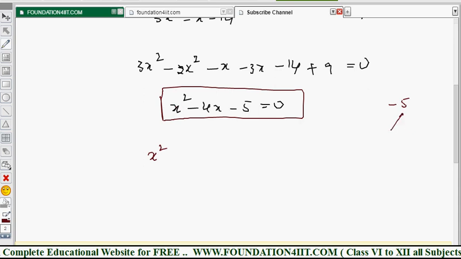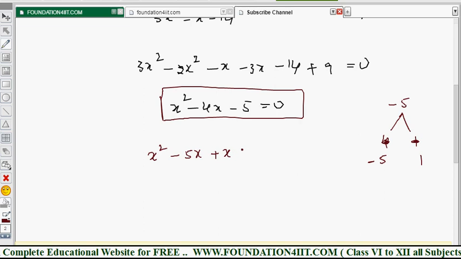Now minus 5. The coefficient of x square is 1, so minus 5 you make into two parts. 5 into 1, but minus 5 we need. So minus 5 into 1 is minus 5, and minus 5 plus 1 is minus 4. So this is minus 5x plus x.